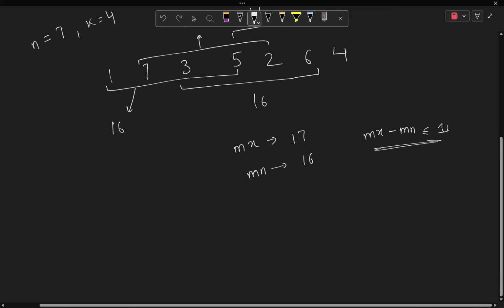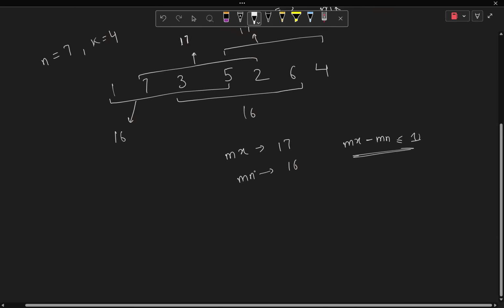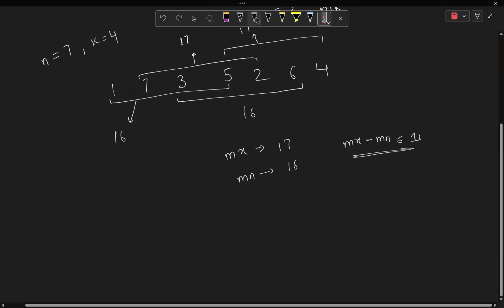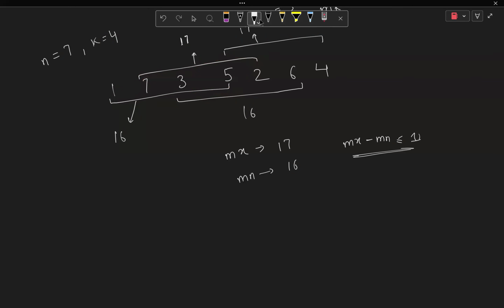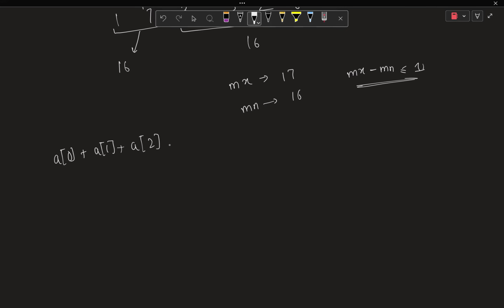Okay, so great. Now I will go on with the way I approach this problem. The first observation I had in my mind here is, just look at the first two subarrays of length k. The first subarray of length k will have elements a0, a1, a2, and a3.